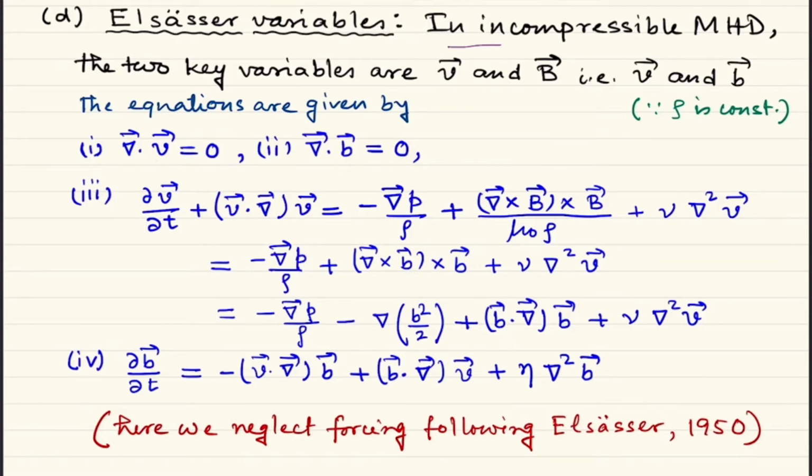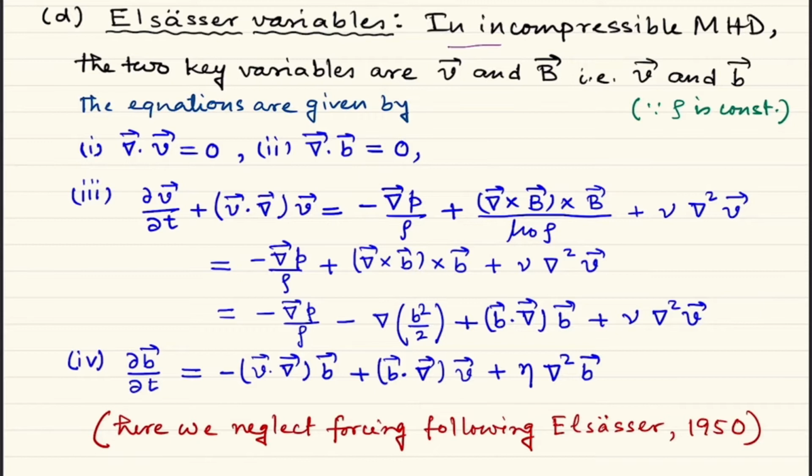Now we can write the two basic equations of incompressible MHD as this. The first one is the momentum evolution equation. So del v del t plus v dot nabla v is equal to minus gradient of p by rho plus curl of b cross b by mu 0 rho. That is the Lorentz force term we have already seen.